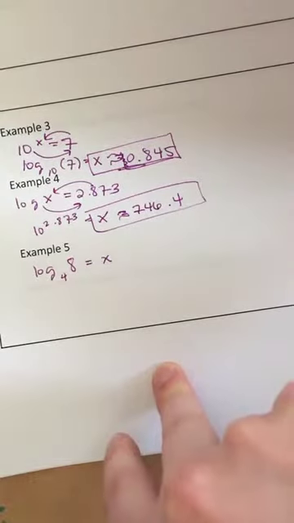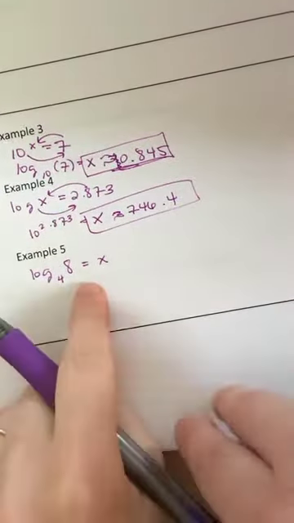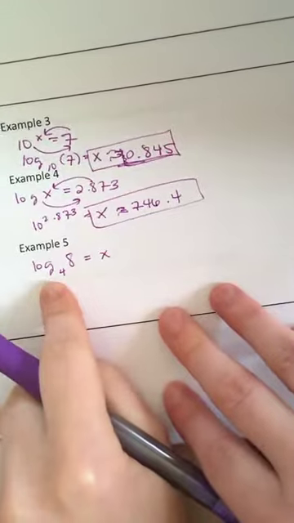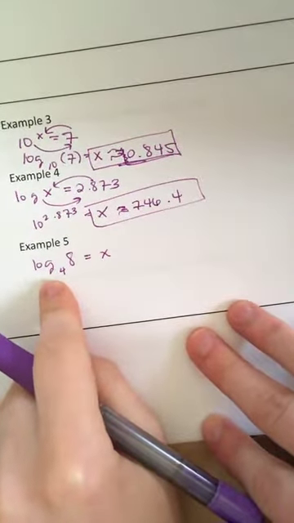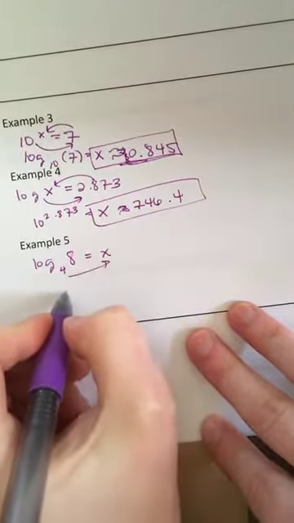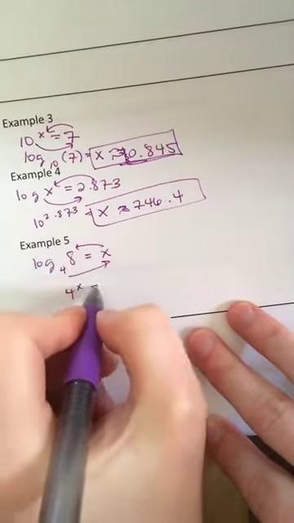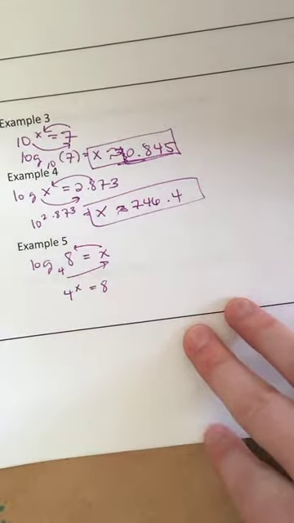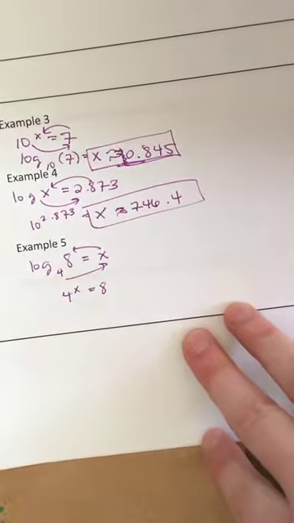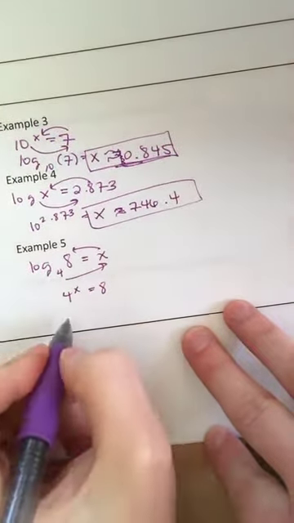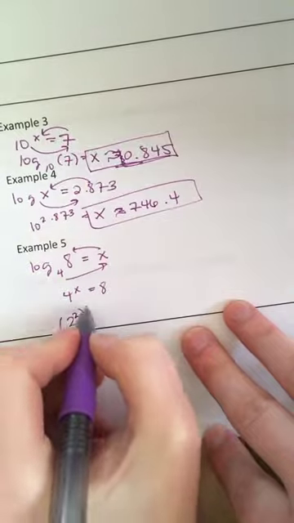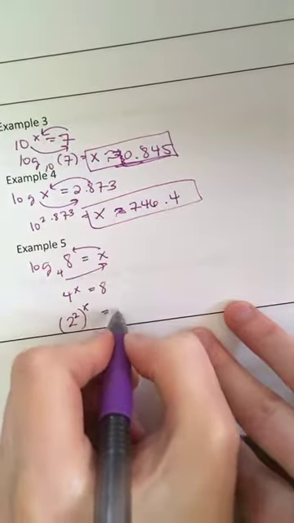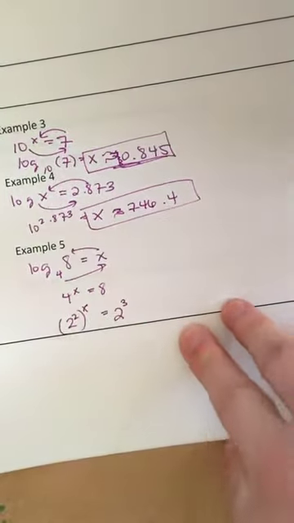So what they want us to try here is to rewrite this as exponents and then work backwards, okay? So I'm going to write 4 to the x equals 8. Now 4 and 8 have something in common. What do they have in common? Base 2. So this is actually 2 squared to the x power, and this is 2 cubed.